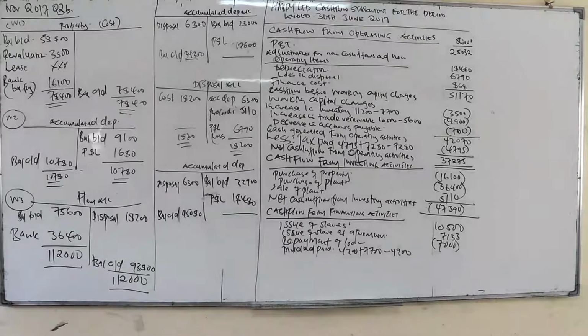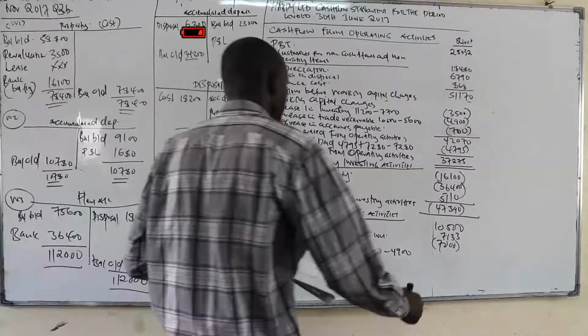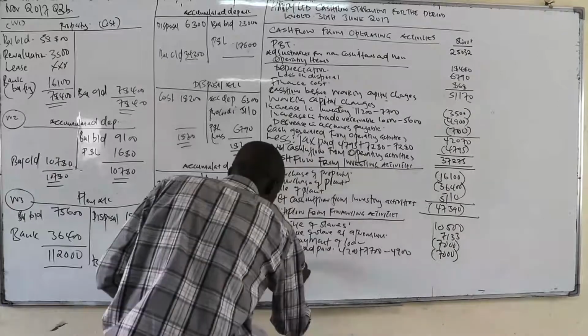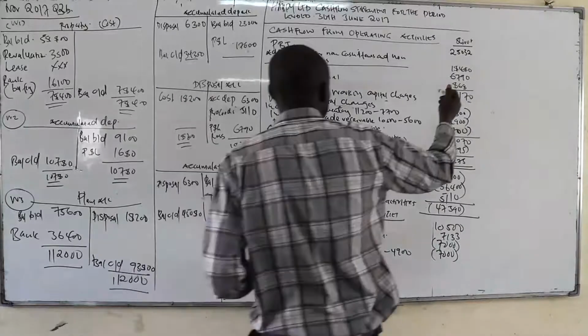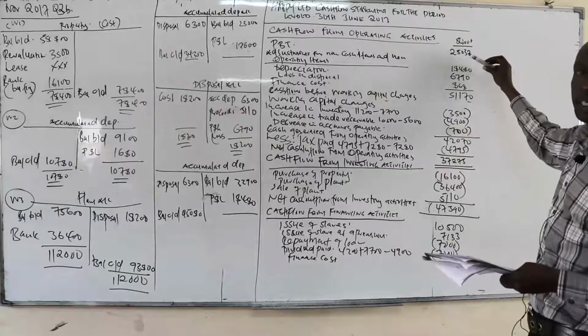4,200 is the year 2016. Dividend payable, 4,200. Umeona? 2016. So how much is it? 7,000. That is an outflow. And then now let's see finance cost. Finance cost at this point, we added it back because it does not belong to operating activities.